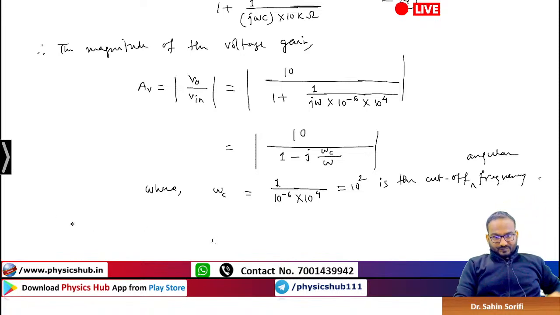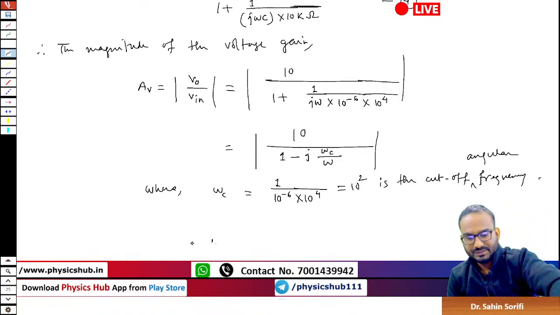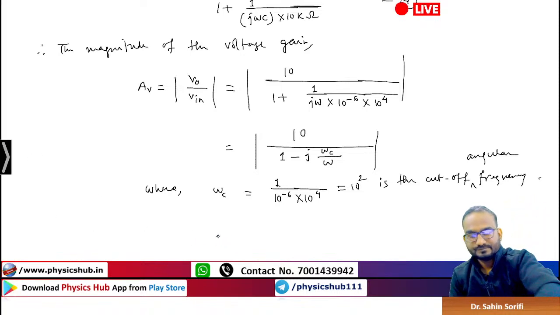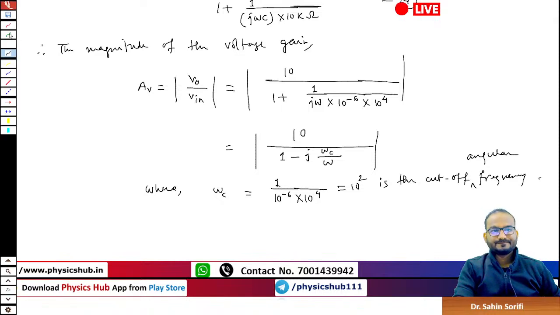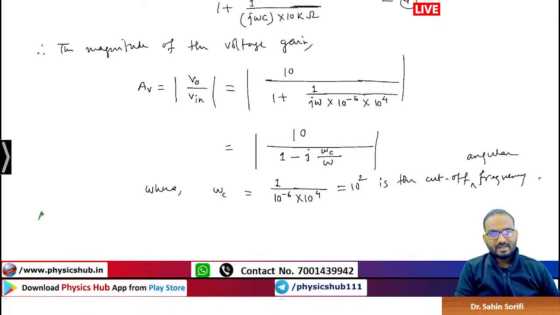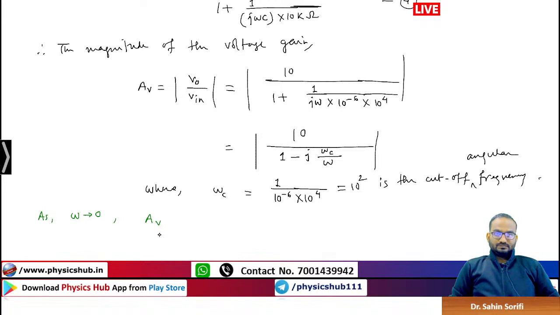Just notice one thing. As omega tends to 0, what is the value of AV? Omega tends to 0 means 1 by infinity, 1 by 0 is infinity, 1 something by infinity is 0, so AV is turning to 0.